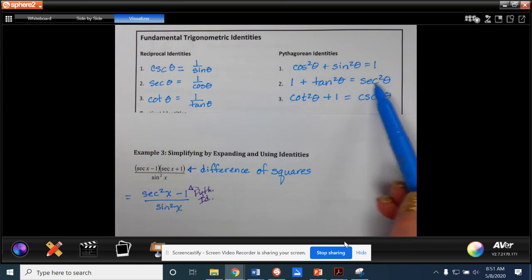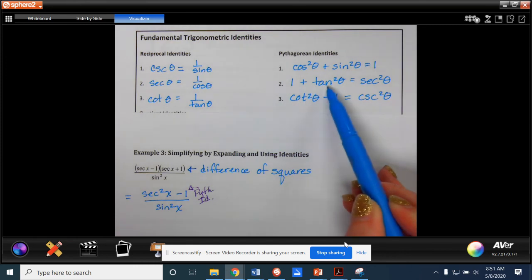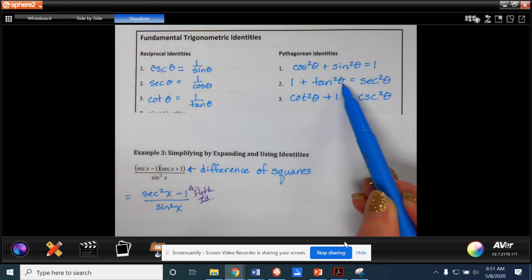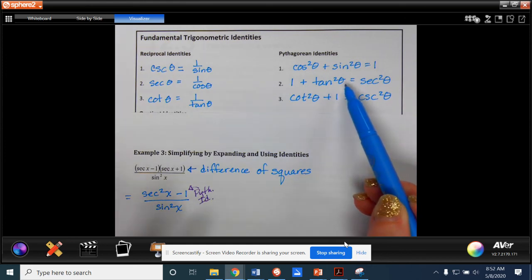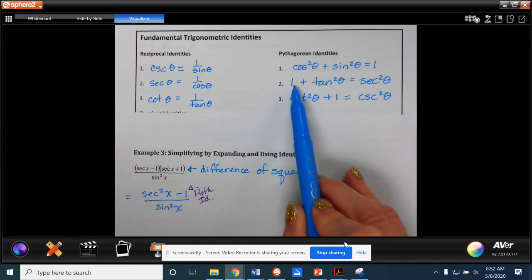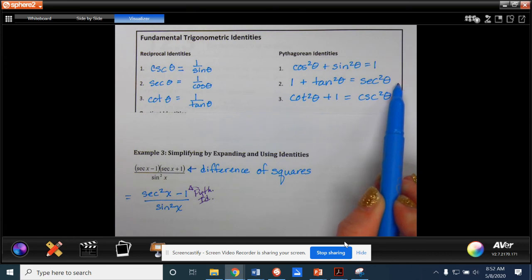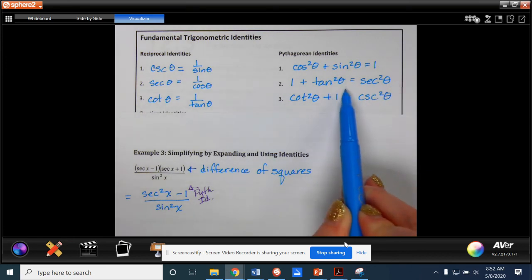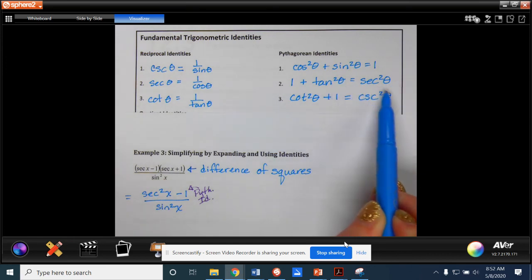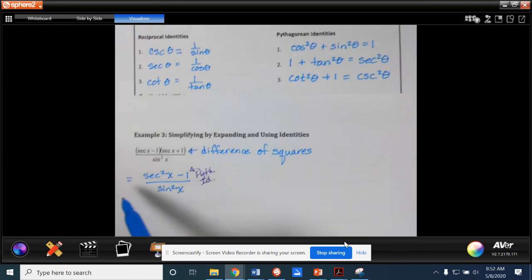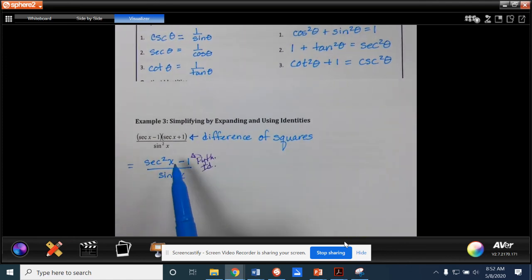Well, my secant squared is equal to 1 plus tangent squared theta, or x, whatever it is. It doesn't matter if you use theta or you use a variable. Well, if I subtract 1 to the other side, I have tangent squared theta equals secant squared theta minus 1. That is the exact same thing as this numerator.